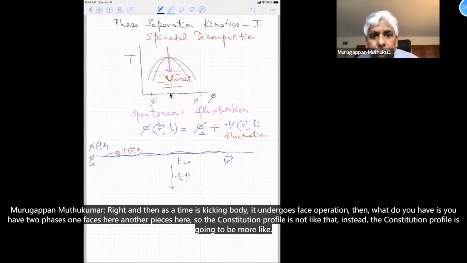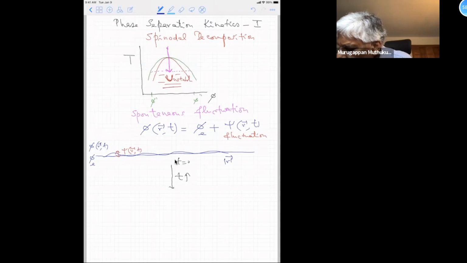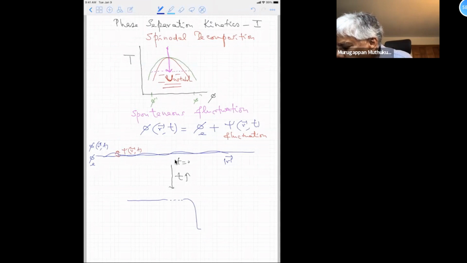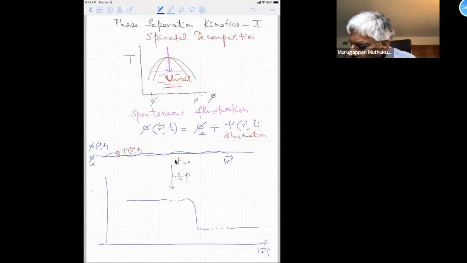Then what you have is two phases. One phase is here, another phase is here. So the concentration profile is not like that. Instead, the concentration profile is going to be more like this. It will be one phase, and then the interface, and then the other phase. So this is my axis R modulus, and this is my phi, right?